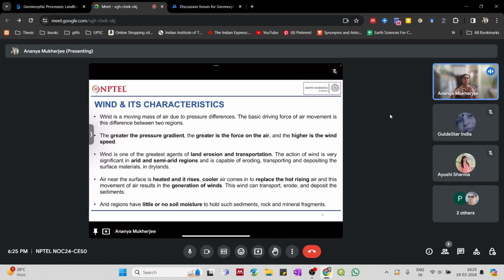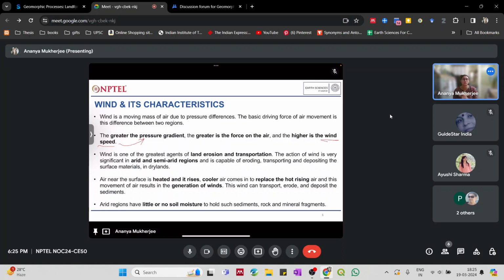Obviously an underlying factor is also the moisture content of the moving air. So the greater the pressure gradient, the greater is the driving force for the wind, and if that exceeds a certain point, the wind speed increases. The wind speed is directly proportional to the pressure gradient between the two regions through which the wind is passing.